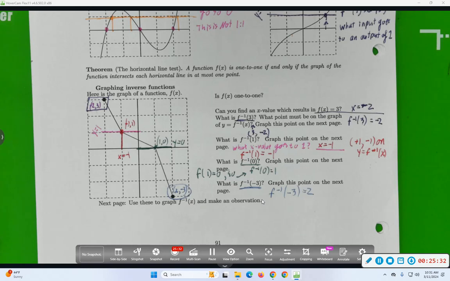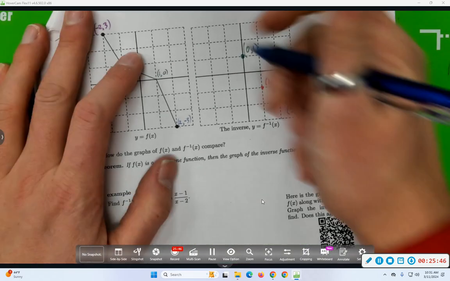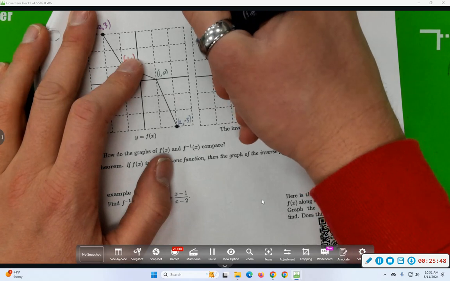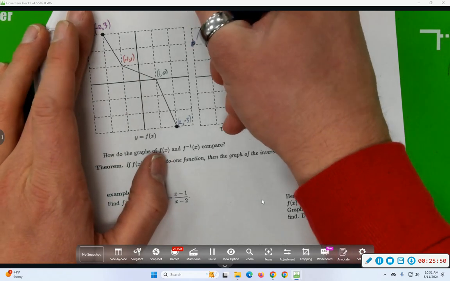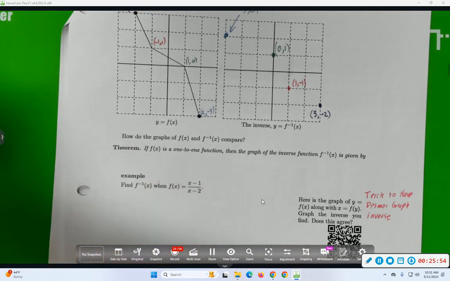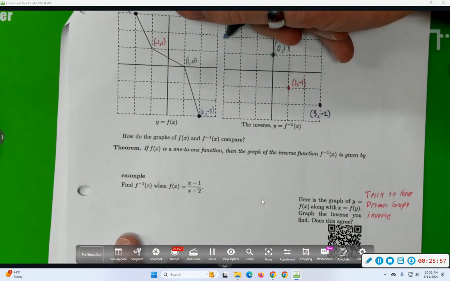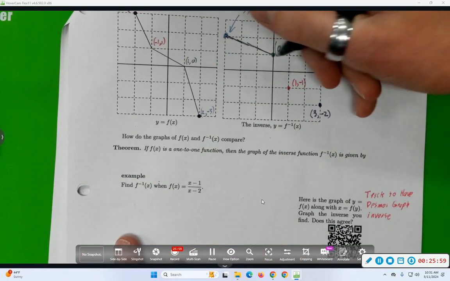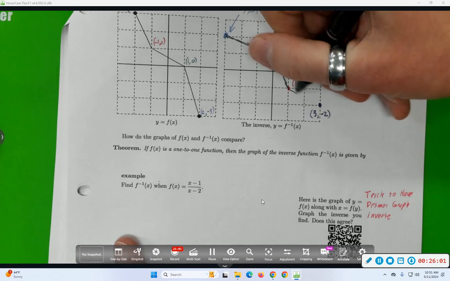If I give you a thing I want you to plug into the inverse function, and I give you the original graph, figure out what x value goes to the y value that's inside the inverse function. And the original function is very straight between those points, so I'll use straight lines for the inverse function as well.